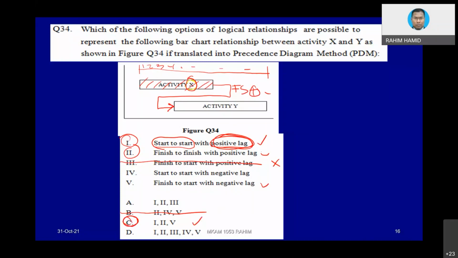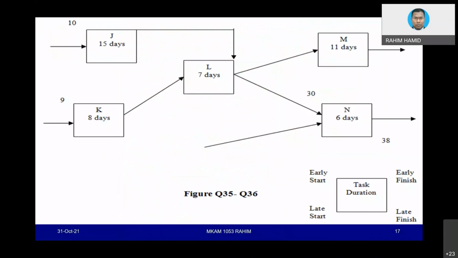Okay, alright, next. This one is a very interesting question. This question gives a few values. Early start value is given, but early finish is not given. Early start, early finish.